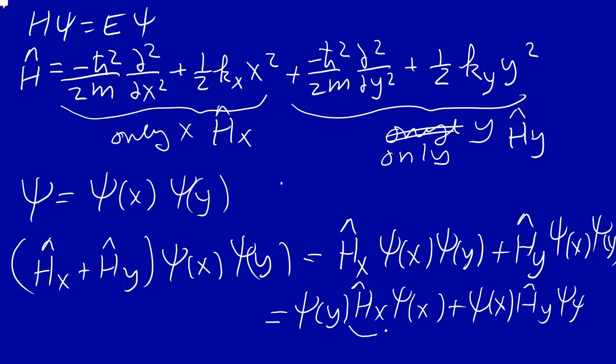Now we note that this is like a mini Schrödinger equation. We've broken it up, separated out the variables. So hx psi x equals Ex psi x, looking just at the energies and everything in x. Similarly, hy psi y equals Ey psi y.